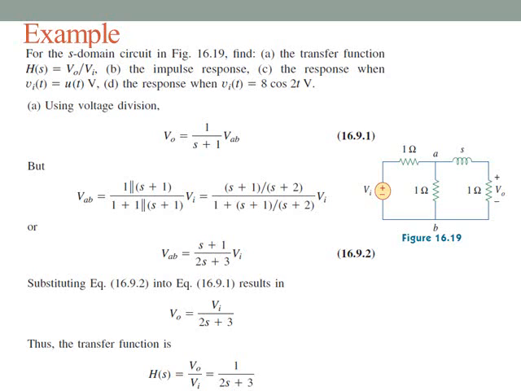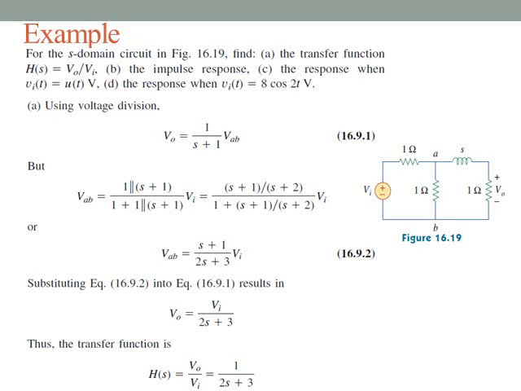As you can see, V out can be found using voltage division, as V out is equal to 1 divided by (s plus 1) times VAB. VAB is the voltage across the 1 ohm resistor, which is connected vertically.